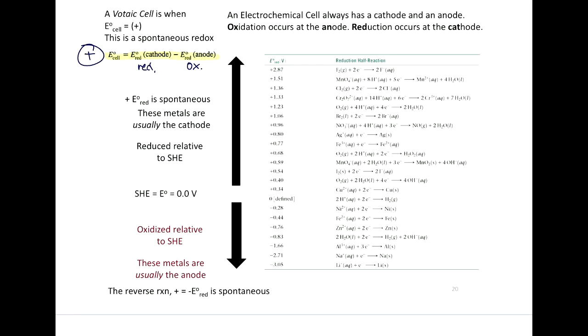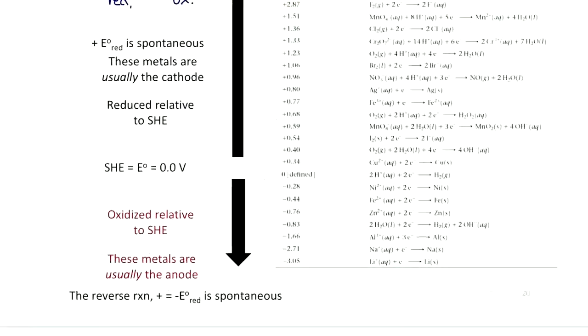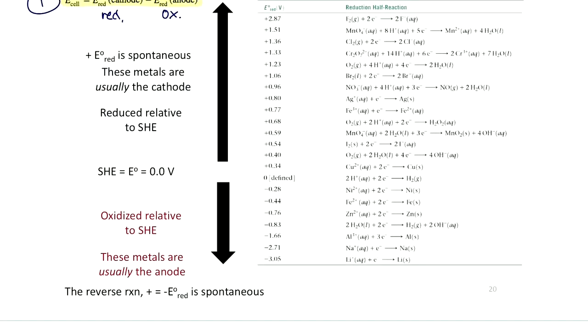All right. So that's by convention. And if that number that you calculate is a positive number, then you do in fact have a spontaneous voltaic cell.